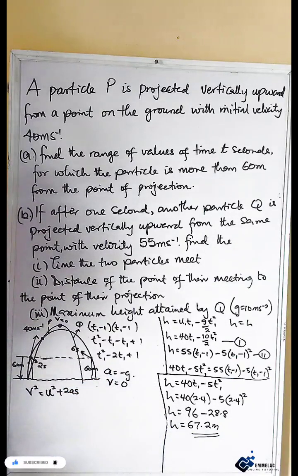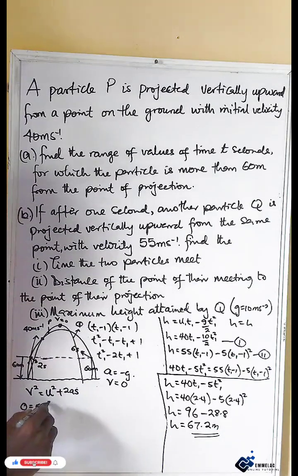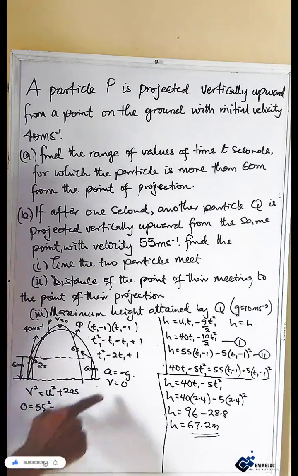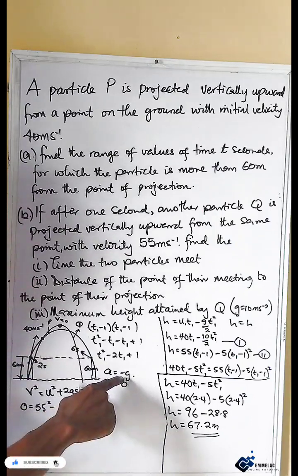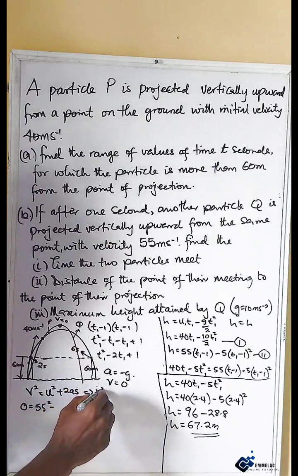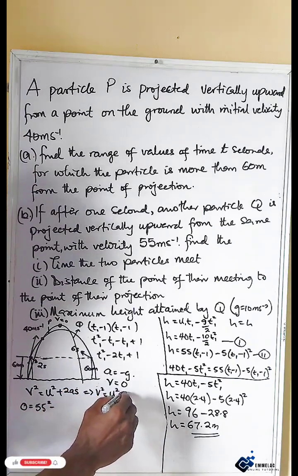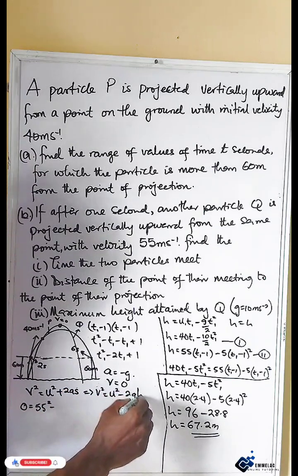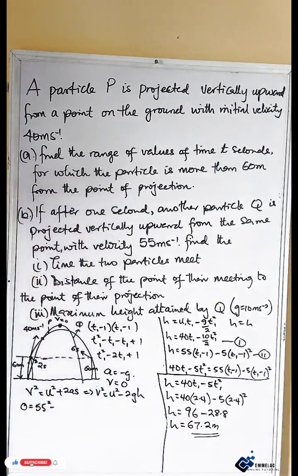So here we have 0 equals our U, that will be 55 squared, then minus, take note, our A here is negative g, so this equation becomes V squared equals U squared minus 2gh.